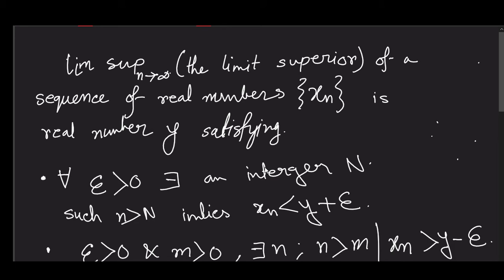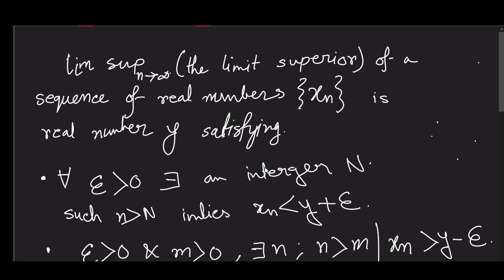You may pick 101, 1000, or 10,000, but whatever index you pick greater than 100, their value will be less than the real number y plus epsilon. However, there is also a problem associated with that. Intuitively, you are imposing some upper bound for xn, but not any lower bound.